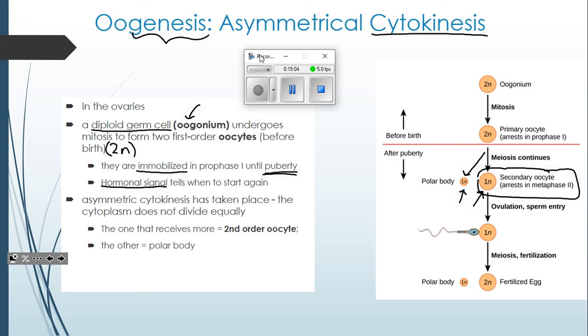We took the chromosomes and split them in half, but we gave one of the halves all of the cytoplasm and the other none. The polar body is not going to continue with meiosis. Okay, so it's done. It's finished. It's going to break down, but it has done its pathway through meiosis. Only the secondary oocyte is going to continue.